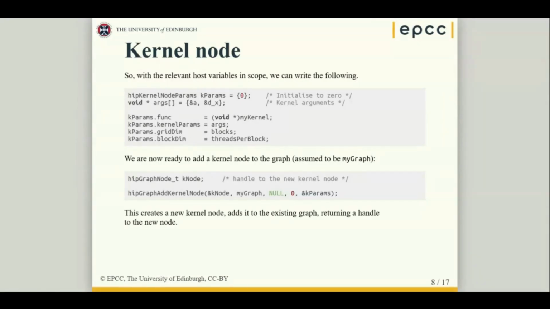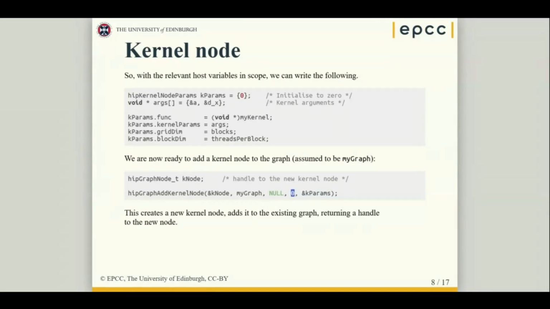So I need to define the node, that is a kernel node here, and I need to do this operation, hipGraphAddKernelNode. I need to specify the node, the graph that I'm using, my graph. Normally this is a null and 0, and then the parameters.